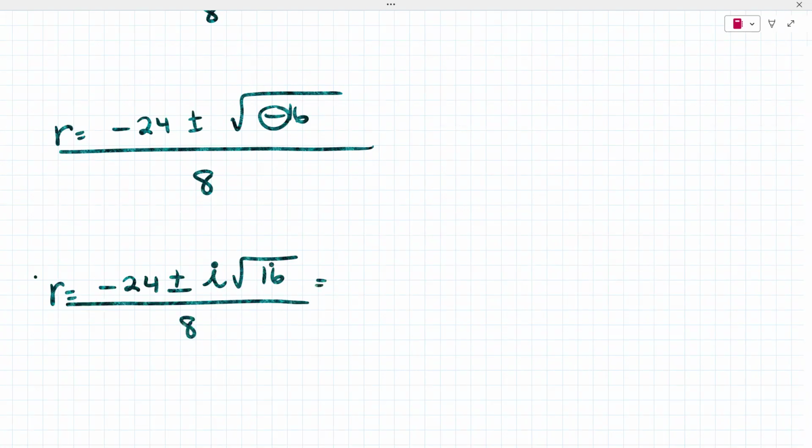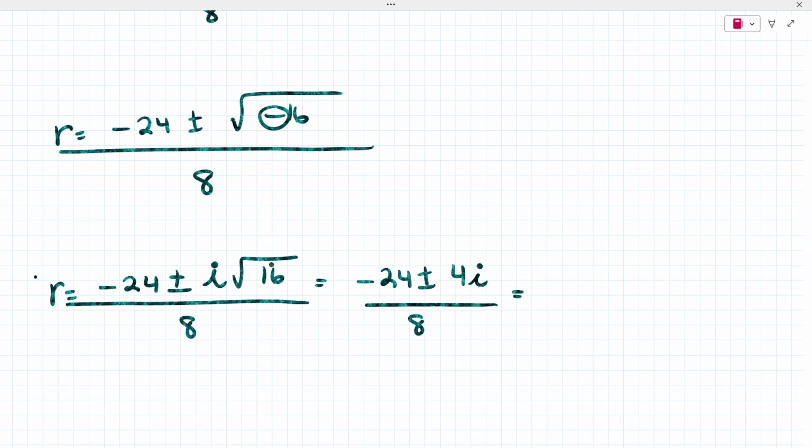Actually, before I divide everything by 8, let's just simplify it. So it's negative 24 plus or minus square root of 16, which is 4, so that's 4i, all over 8.